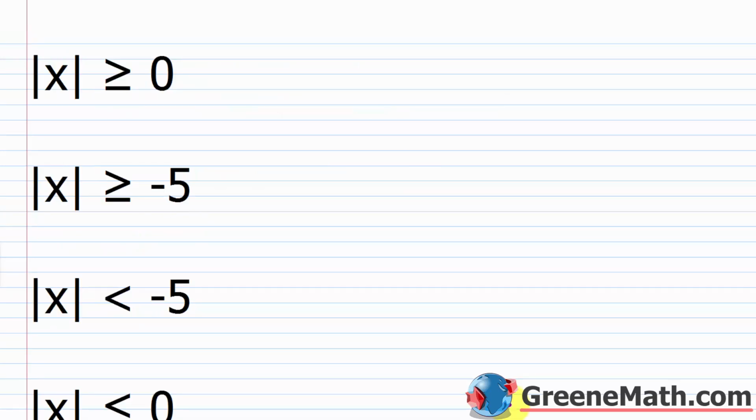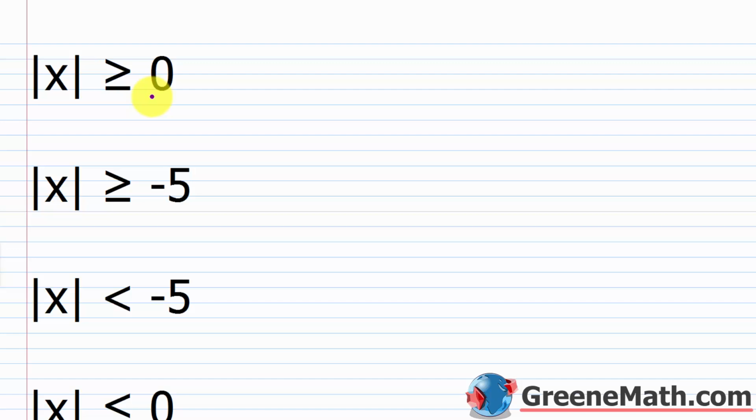All right, now let's talk about the special case scenarios that come up. Basically, you have to think about things. If you get a right side of 0 or a negative, you have to think about what's going on, okay? If I get something like the absolute value of x is greater than or equal to 0, this is true for all real numbers, okay? So if you get the absolute value isolated on one side and it's greater than or equal to the number 0, it's true for every real number because the absolute value operation is either 0 or some positive amount.